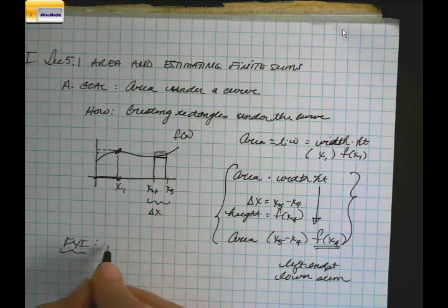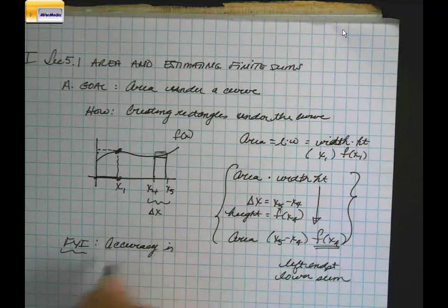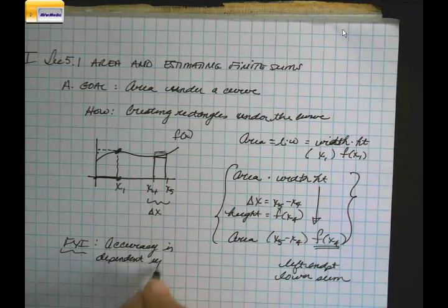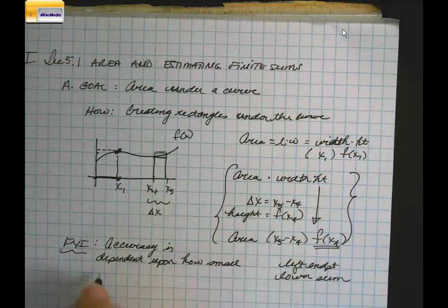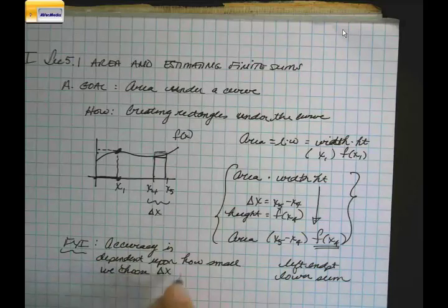So FYI, accuracy is dependent upon how small we choose delta x to be. How small we choose the width of each rectangle to be. And the smaller it is, the more accurate we will come up with the area under the curve.